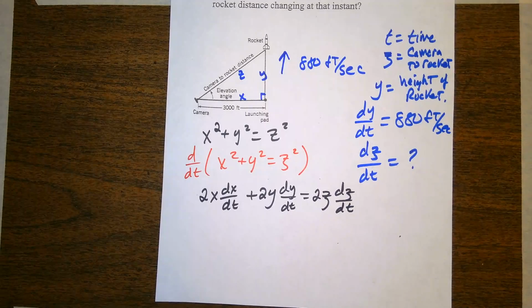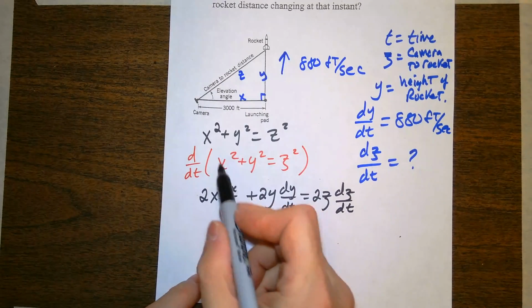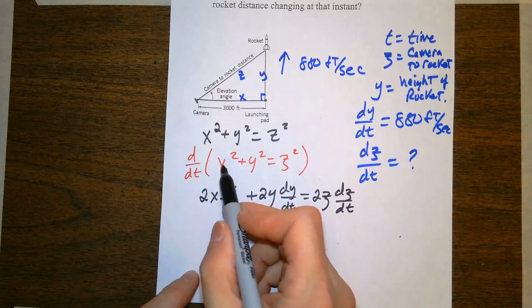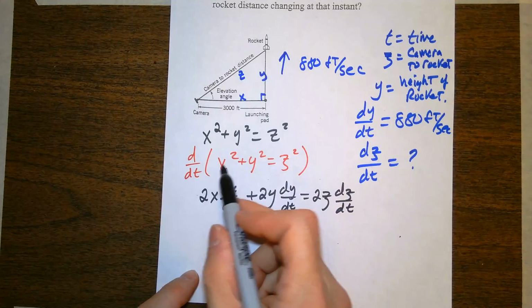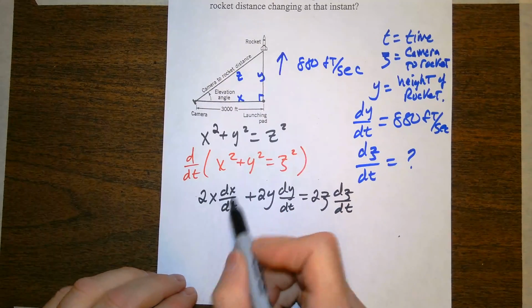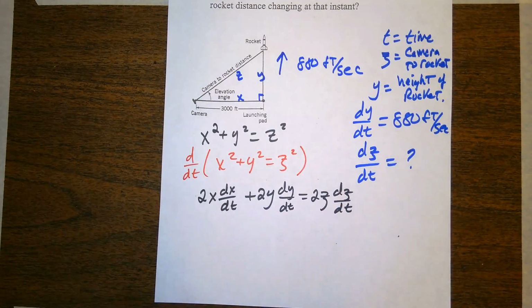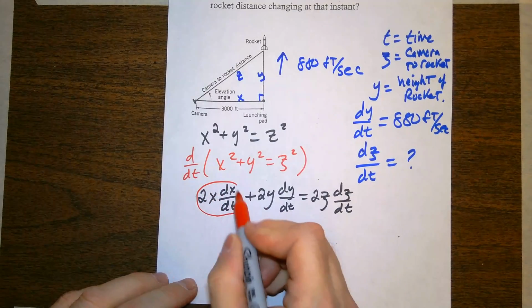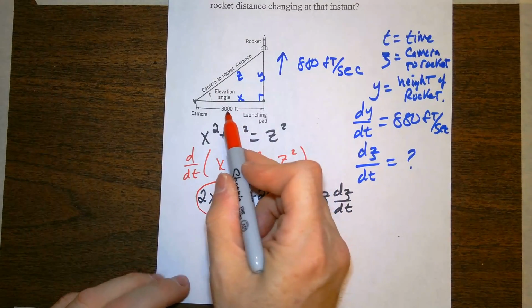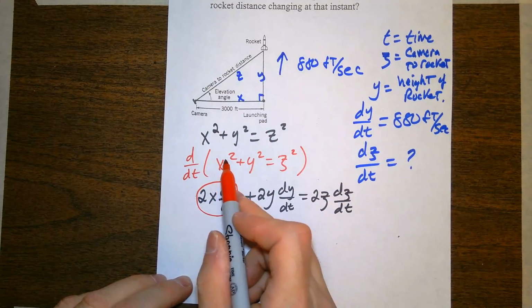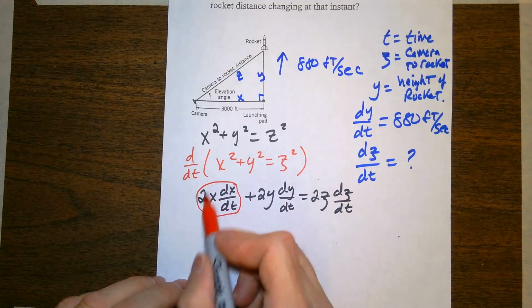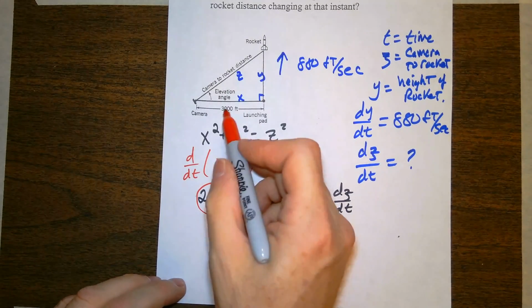Now, this x is actually a constant. This is a constant, x squared, 3,000 squared. That's never going to change. There is no rate of change there. So this whole term right here is going to disappear, because x is a constant, 3,000. 3,000 squared plus y squared equals z squared. This whole term is going to disappear.